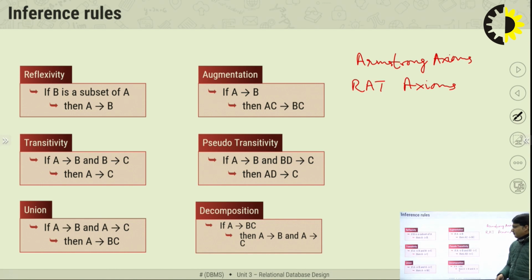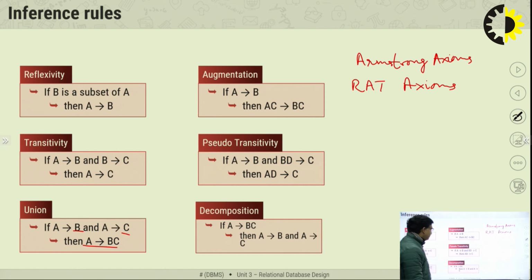Union rule is if A determines B and A determines C, then A determines BC. We simply take the union of this and this, that is A determines BC. Now decomposition rule is just the reverse of union rule. A determines BC means A determines B and A determines C.